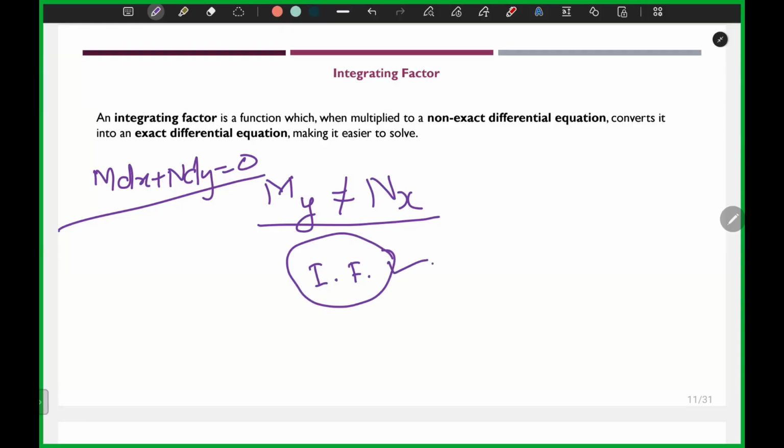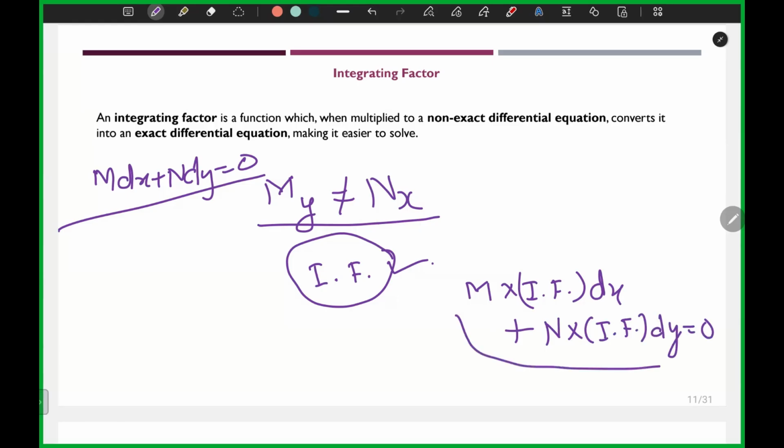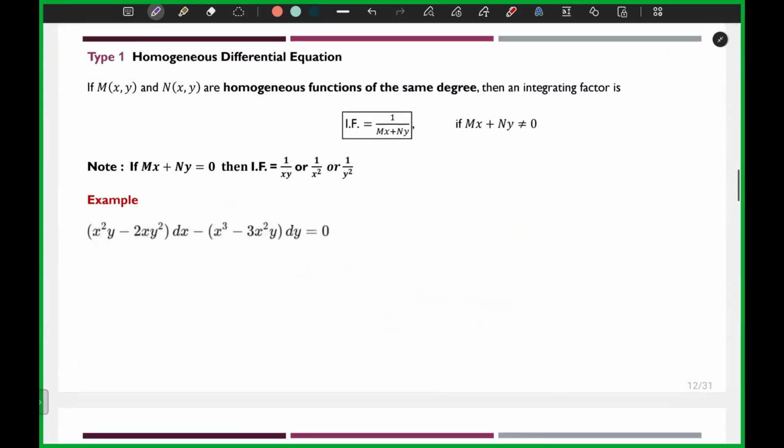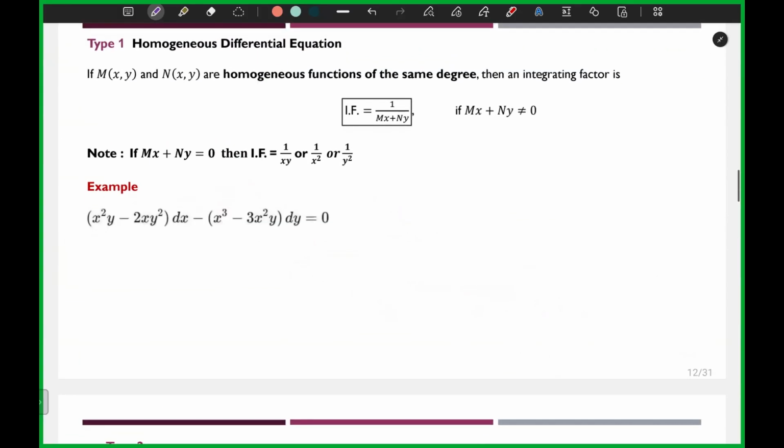There are 5 methods I have discussed here. When you multiply this to the whole equation, the whole equation becomes exact. You have already studied all the integrating factor methods. Let me recall by types.